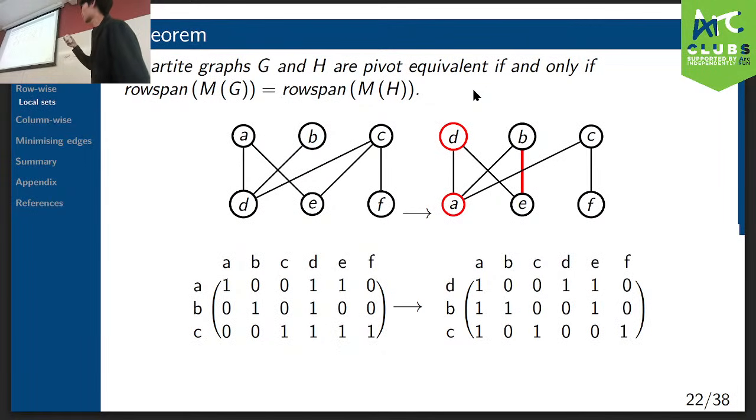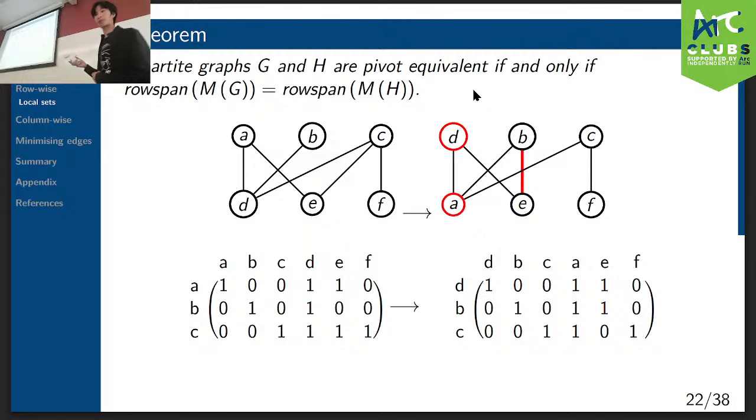And so, in fact, if we do that, we get this graphic presentation, and this is indeed the graphic presentation of the graph on the right. And you can check that if you want. You can see there is an identity matrix on D, B, and C, and we can also rearrange the columns to put D, B, and C at the front if you like.